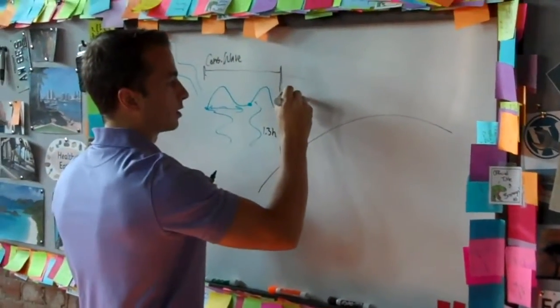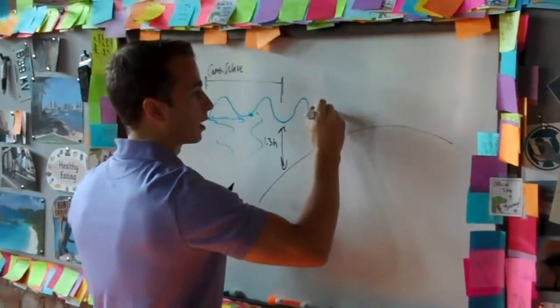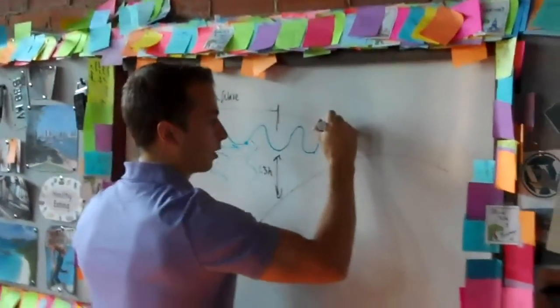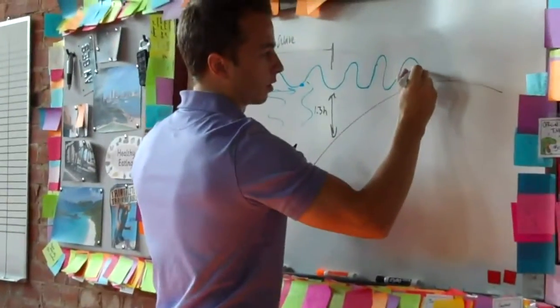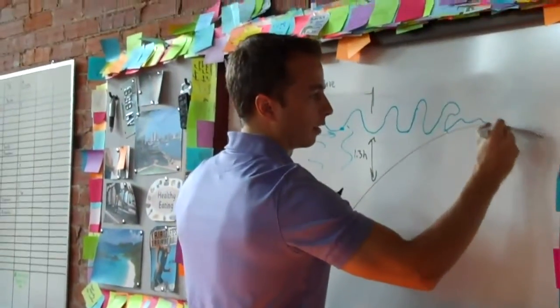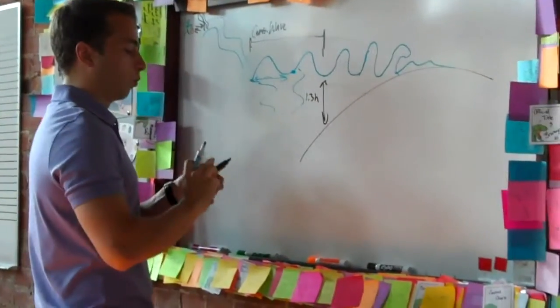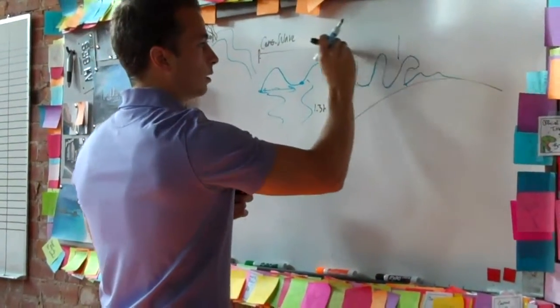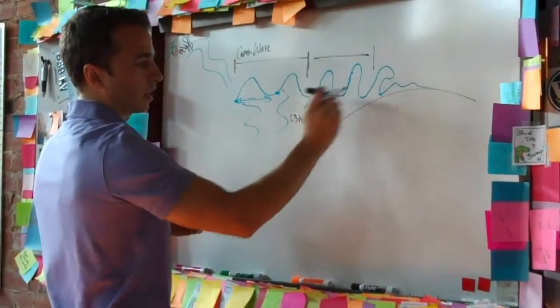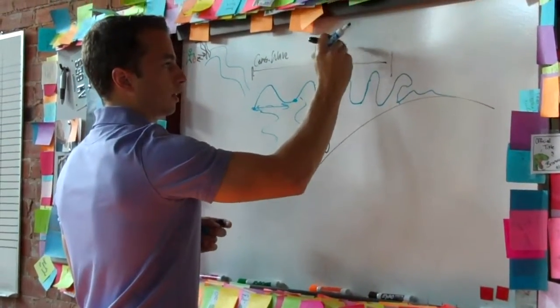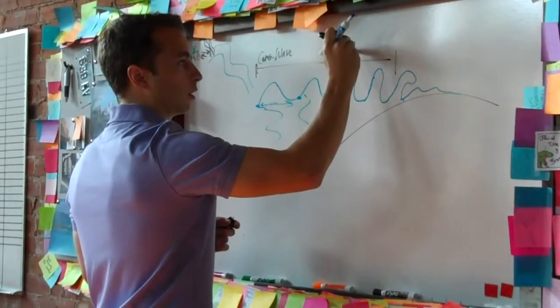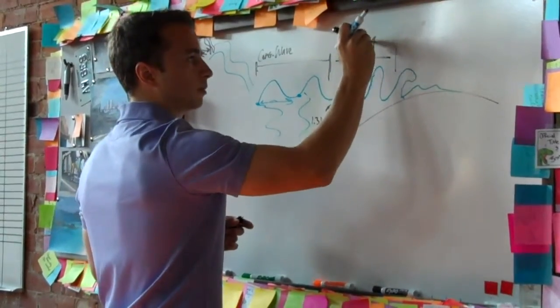So then you start seeing the waves go a little bit higher and a little bit sharper until it gets to the point where it breaks and then it dissipates out. So when this height gets to a certain point, then the wavelength goes down, and the height goes up.